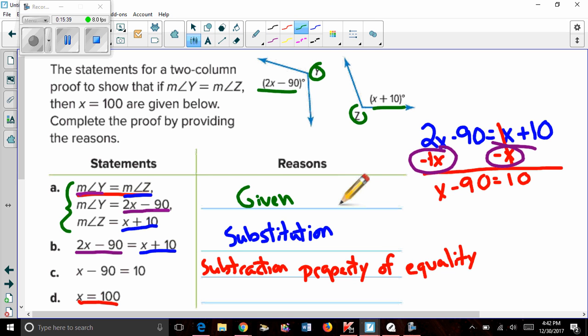For statement D, it looks like they got x all by itself. So if we look at x minus 90 equals 10, if I wanted to get x by itself, instead of minus 90, I could say plus 90. I'm left with x equals, well, 10 plus 90 is 100. So all we had to do was add. And that's what we're going to name this reason.